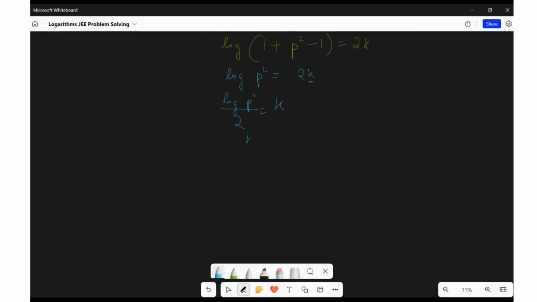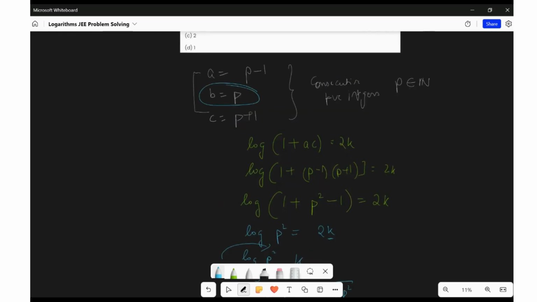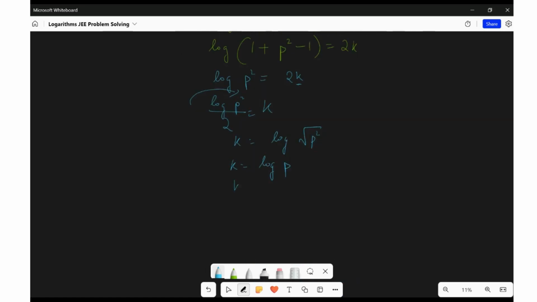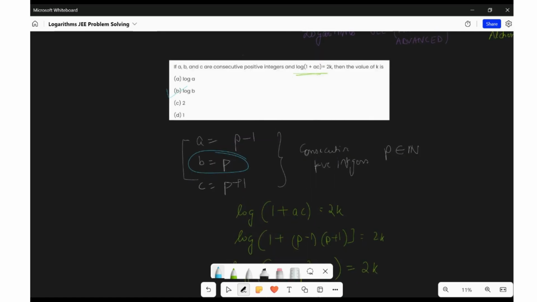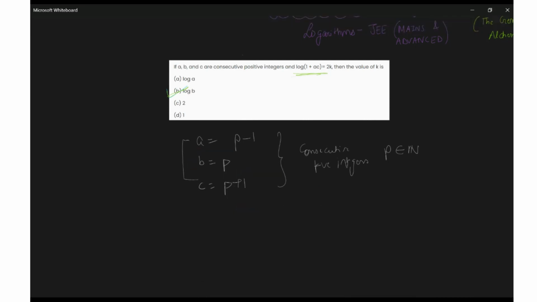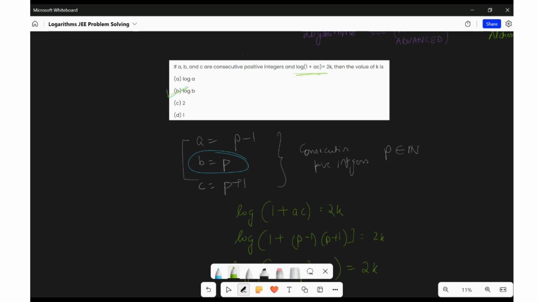So k will be log root p square, because this is a half and we took this half here. So k is log p. And what is p? p is b. So k is log b. And here option B is correct. That is log b.